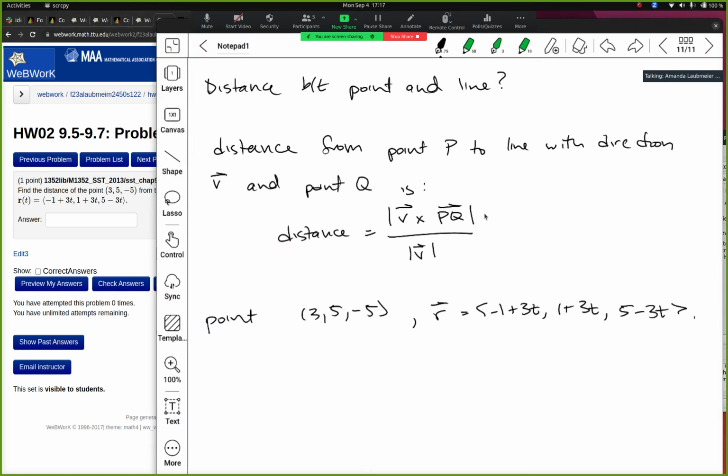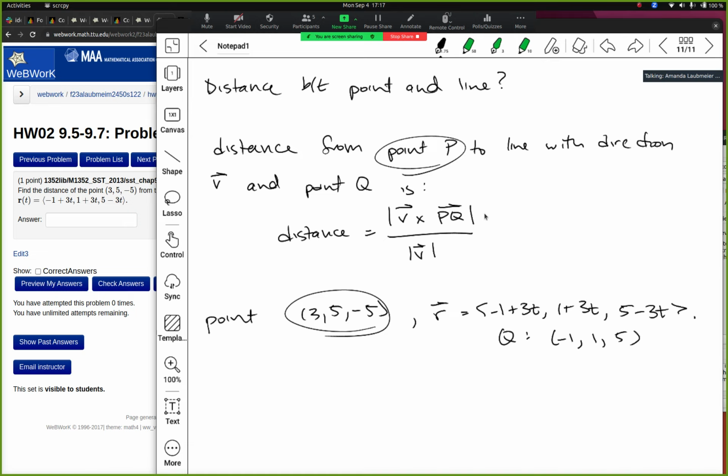And so kind of just matching everything to the parts of the formula, the point P is going to be the point we're given, so that's not too bad. The line with direction V and point Q, we do have to go back to how lines are set up. We know that the parts that aren't connected to T are the point. So my point Q is going to be that minus 1, 1, 5.